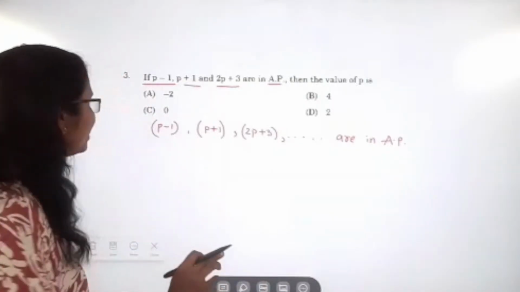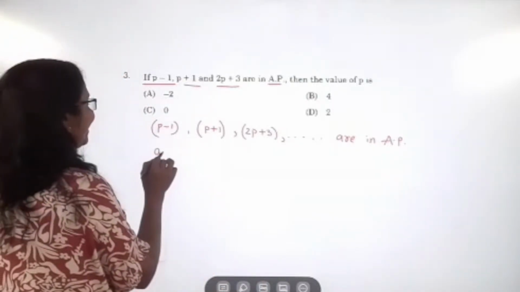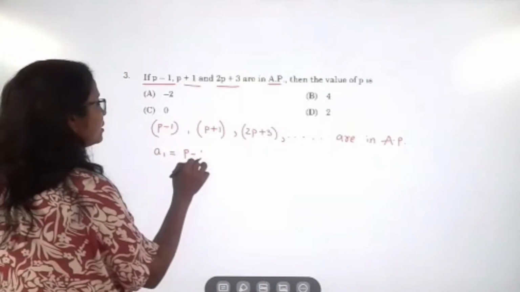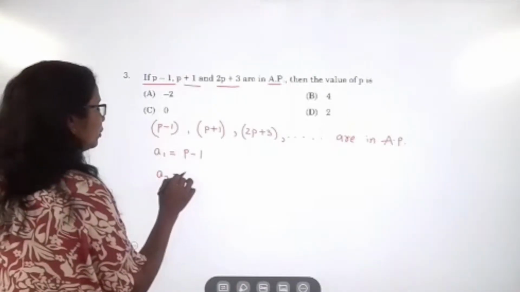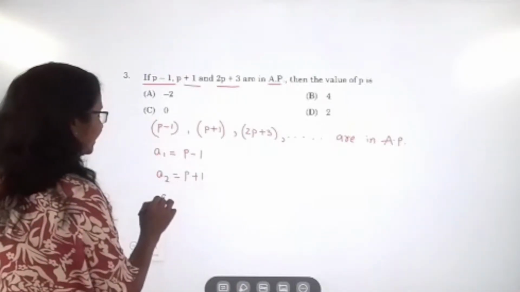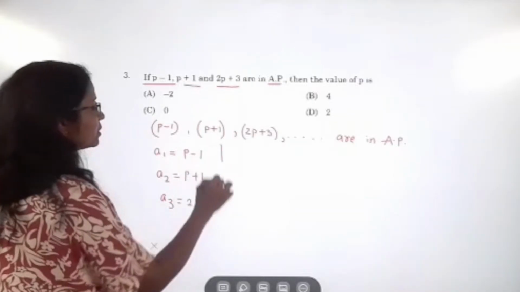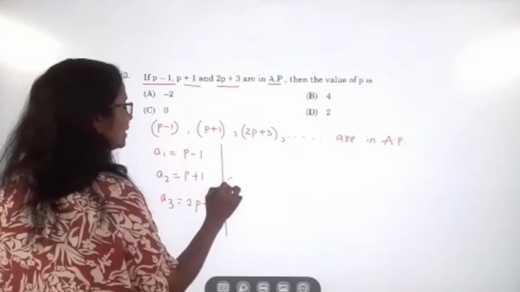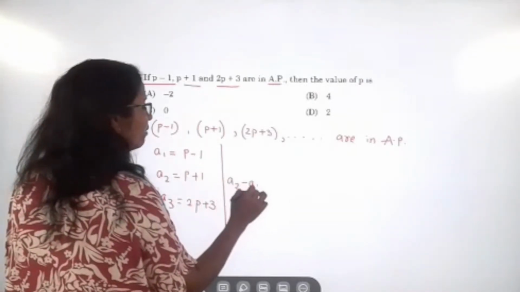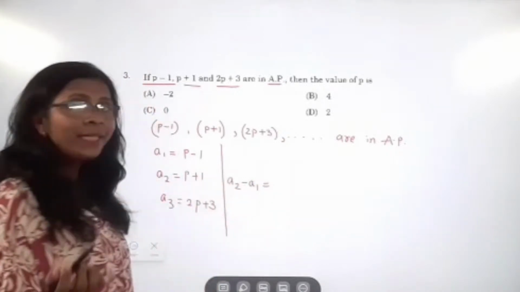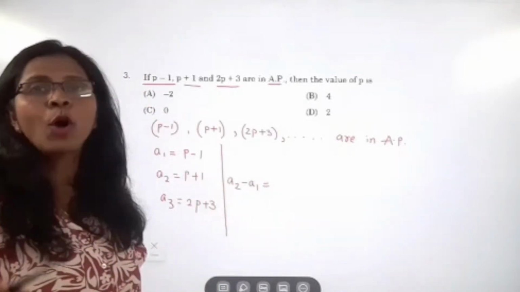As this sequence is in AP, that means their common differences are equal. So here students, we let A1 is equal to p minus 1, A2 is equal to p plus 1, A3 is equal to 2p plus 3. Those are the terms. And here we can say that A2 minus A1 is equal to D, the common difference.